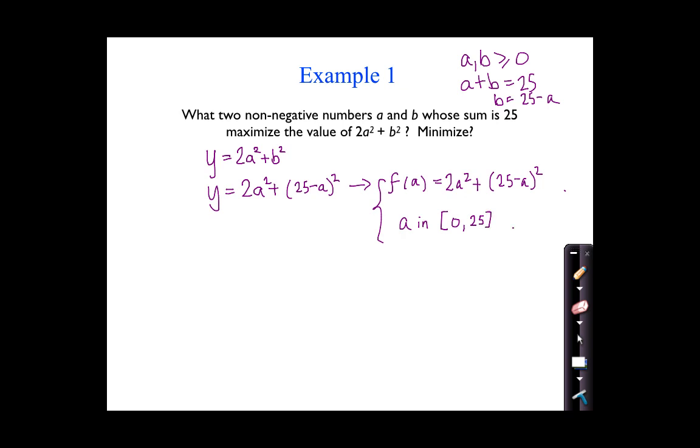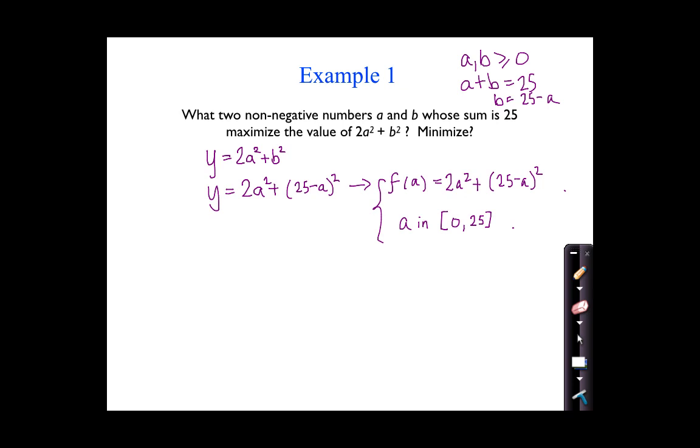So if I want to find the maximum value of function f here on the domain 0 through 25, I could grab a graphing calculator, have it graph this, and look. I could get a good estimate that way. It's not going to be too hard to do using calculus, but what I'd be looking for is a place where, again, this is a quadratic polynomial, so it's a parabola, right?